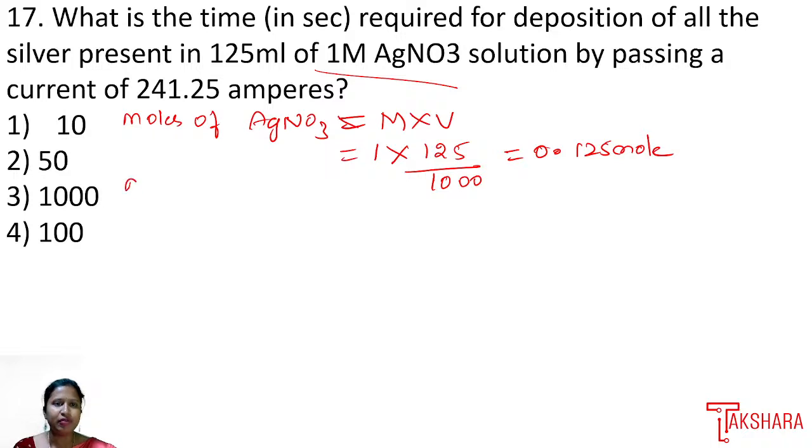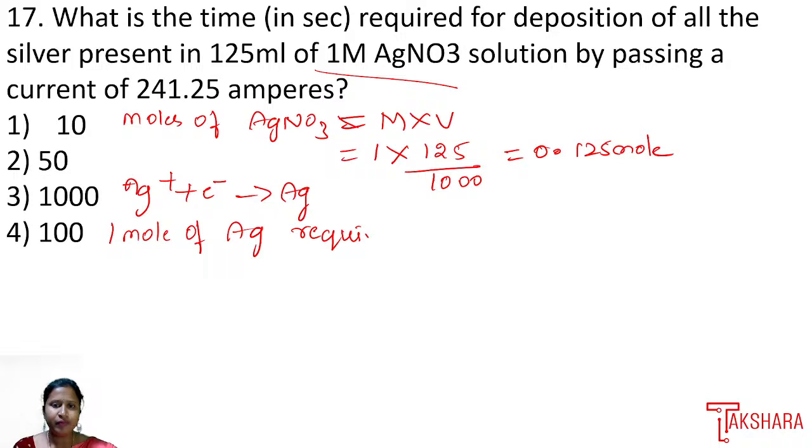Now if I come to the reaction, when Ag plus accepts one electron, it is going to give Ag. So here 1 mole of Ag requires 1 mole of electron. Correct?